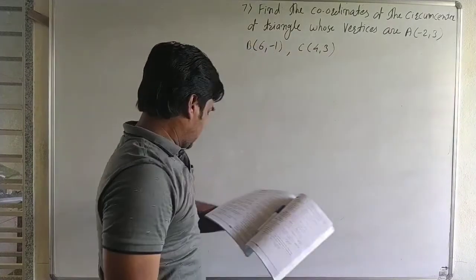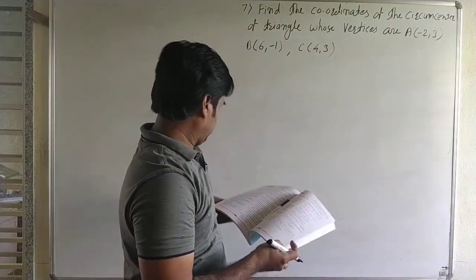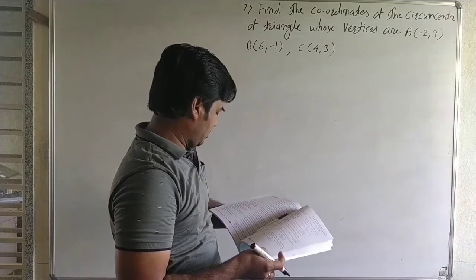Okay, vertices minus 2, 3, then 6, minus 1 and 4, 3.